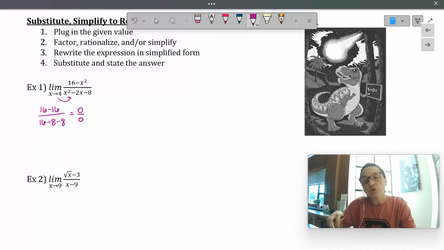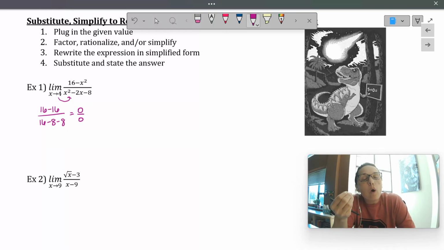And when a function is broken, lots of things can happen, but specifically, when a function is broken and that function goes to 0 over 0, that means that it might be fixable. It means that you might have a limit that exists even though the function has a hole in it.